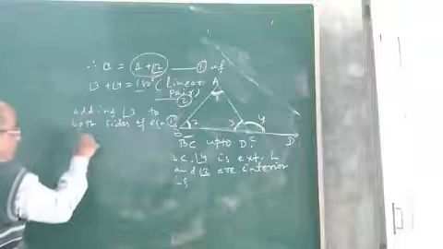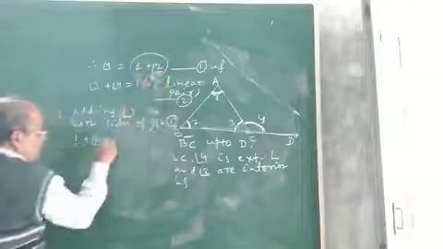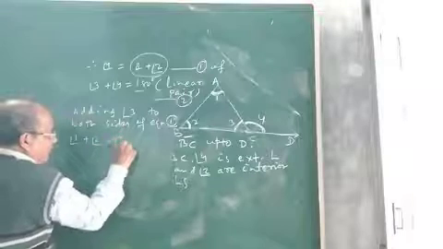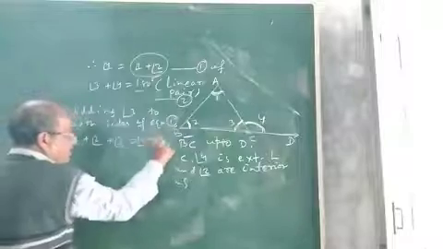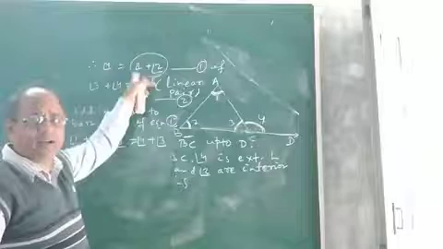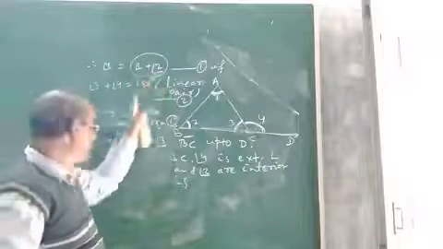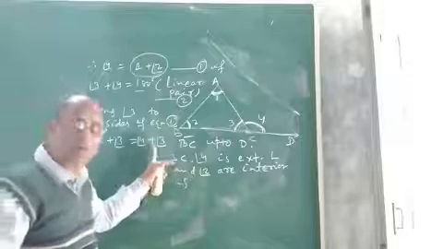On the left hand side, it is 1 plus 2 plus angle 3, and on the right hand side, it is angle 4 plus angle 3. So by adding angle 3 to both sides of this equation, we got angle 1 plus angle 2 plus angle 3 equal to angle 4 plus angle 3.